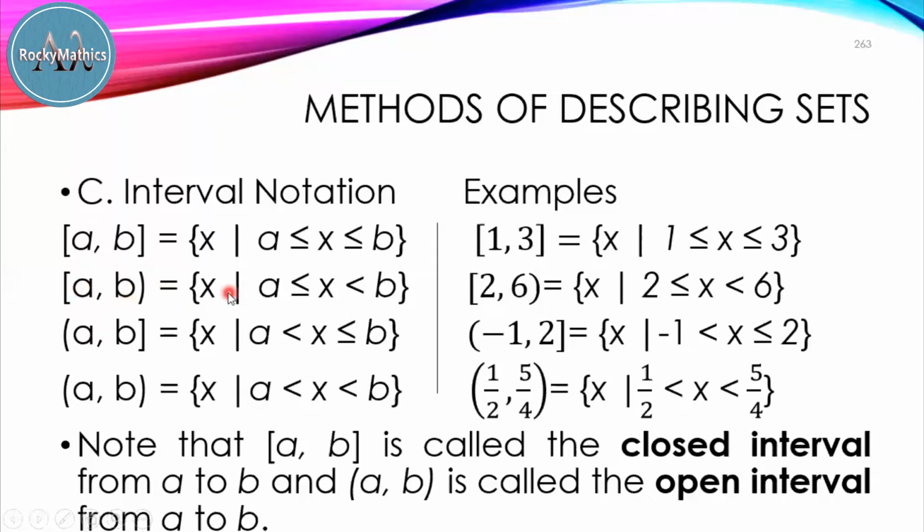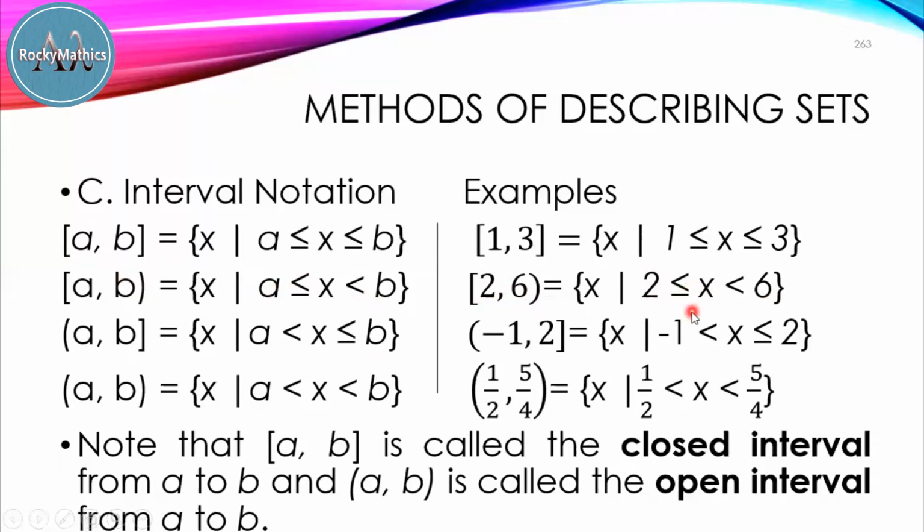So in set builder notation, we write x less than b because of the open parenthesis. So x is not equal to b but greater than or equal to a. For example, an interval from 2 to 6 is written as x strictly less than 6 but greater than or equal to 2.